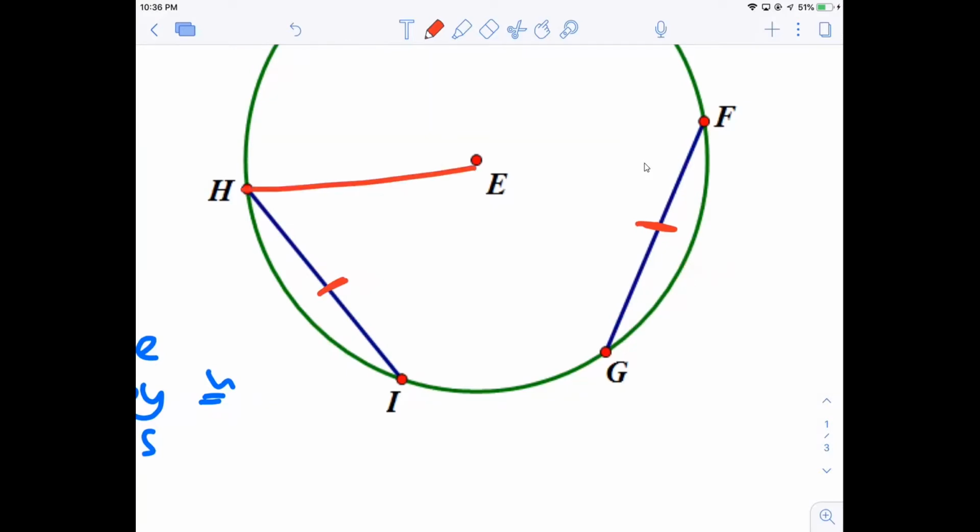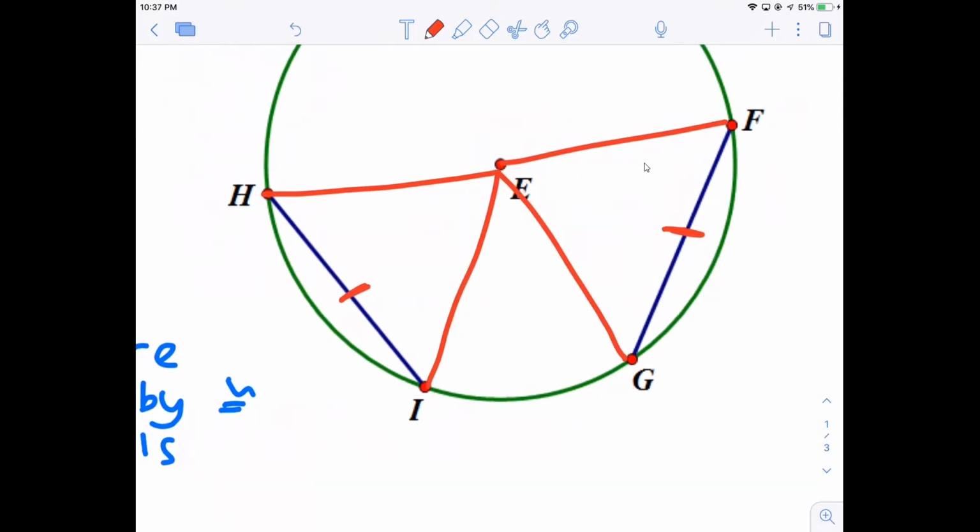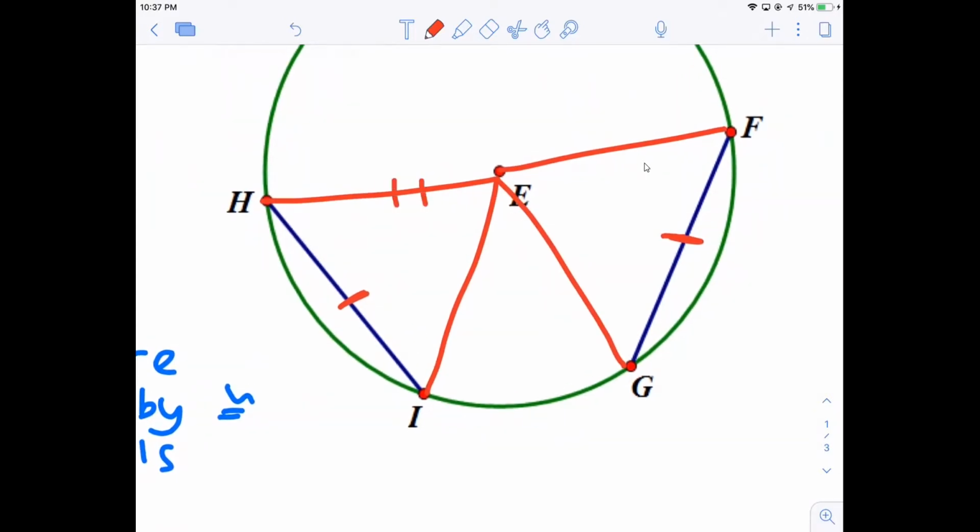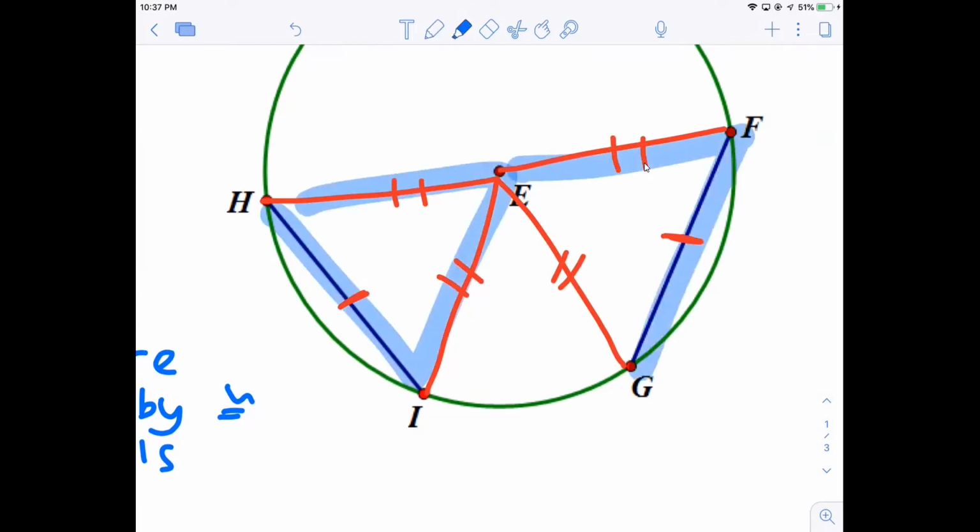We would do the same construction, drawing all of those radii. Again, all those radii are congruent. And this time we can prove the two triangles congruent. This triangle and this triangle, congruent by side, side, side. And then once we prove those triangles congruent, we can say these angles are congruent by CPCTC.